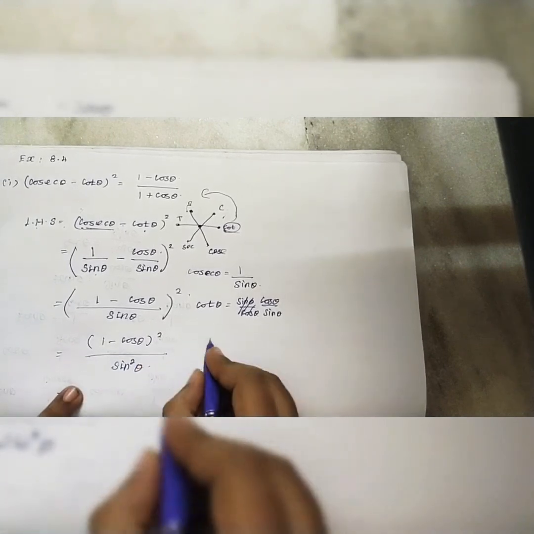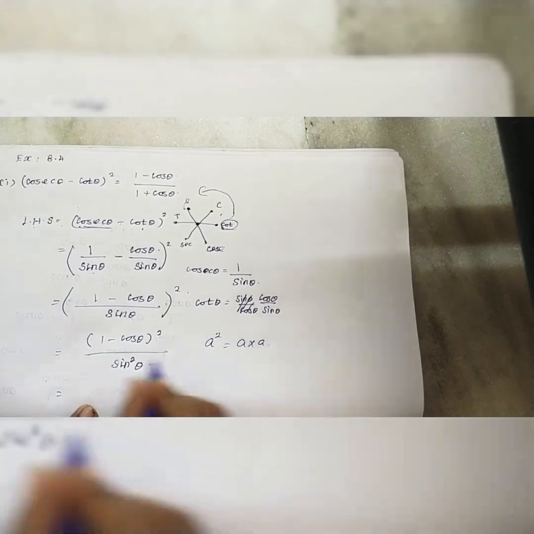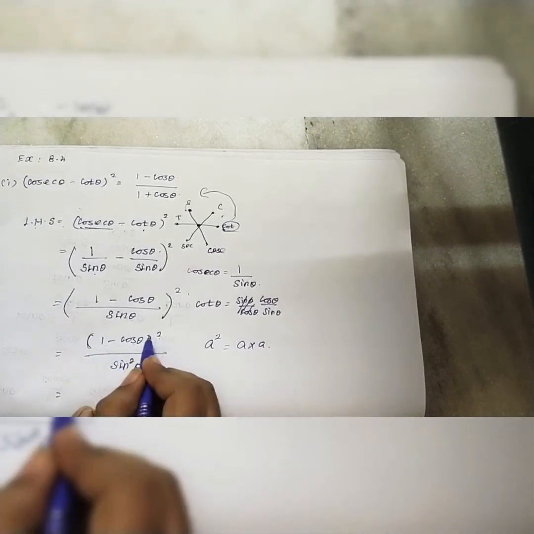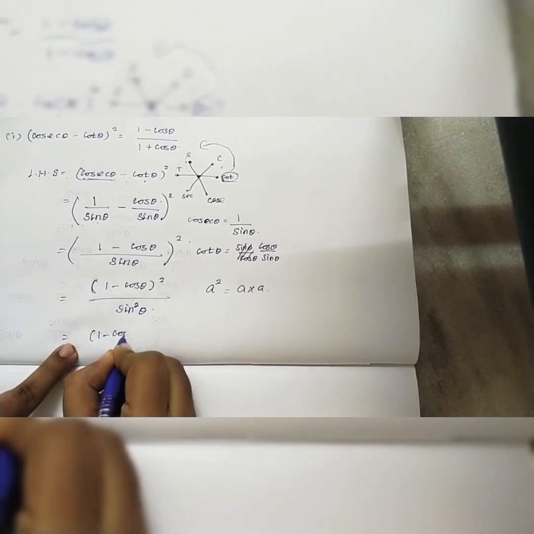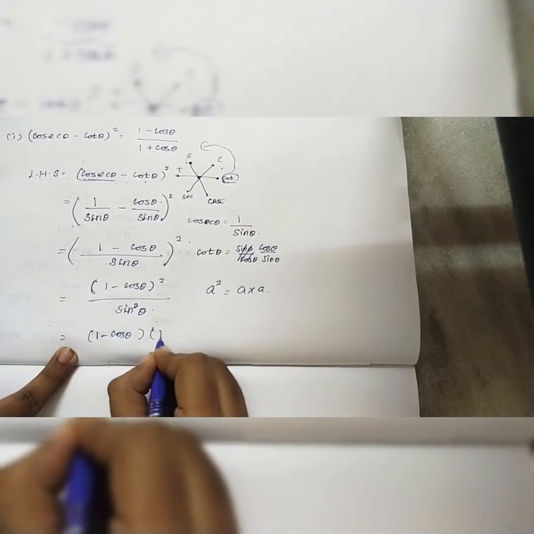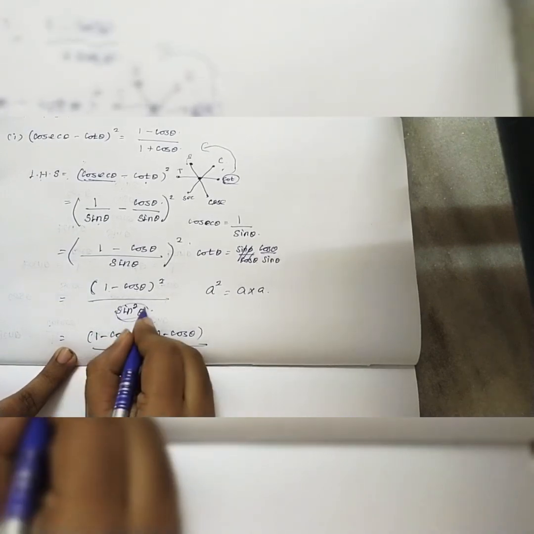Already we know a square is a into a, so the numerator we can write as (1 minus cos theta) into (1 minus cos theta), and the denominator sin square theta.